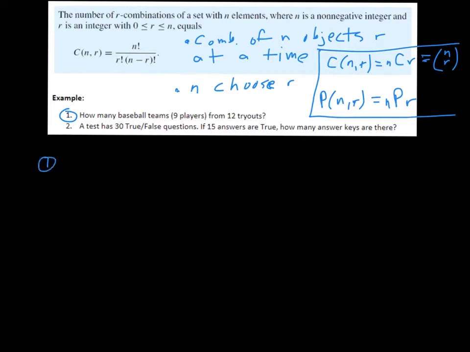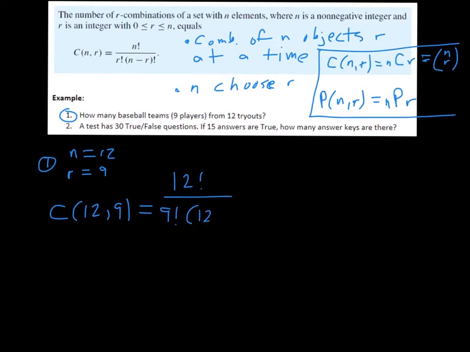Well, there are 12 people trying, so n is equal to 12, and we're going to be choosing 9 of them. So r is equal to 9. So this is combinations of 12 objects taken 9 at a time. According to this formula up here, this is equal to 12 factorial divided by 9 factorial times 12 minus 9 factorial.